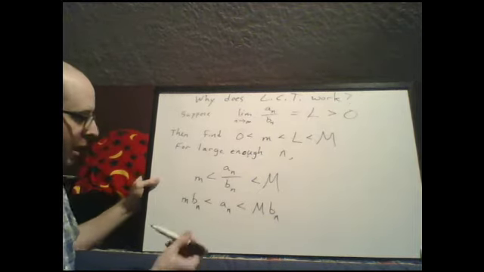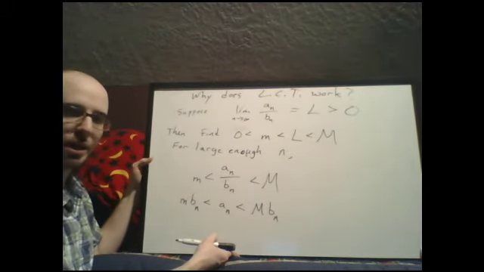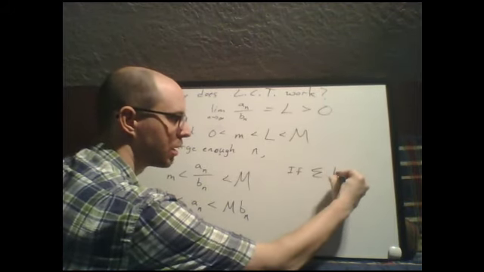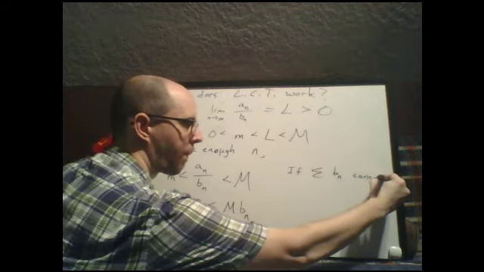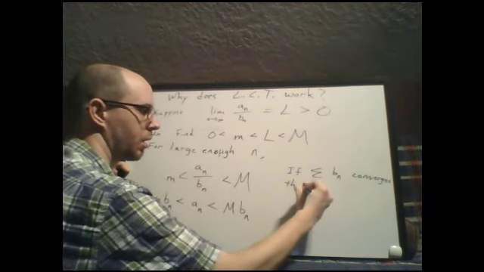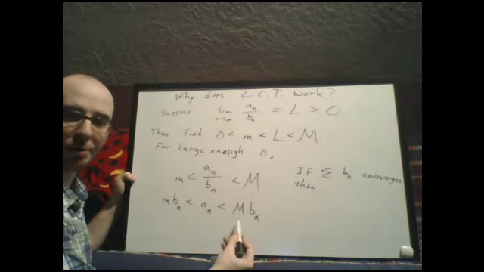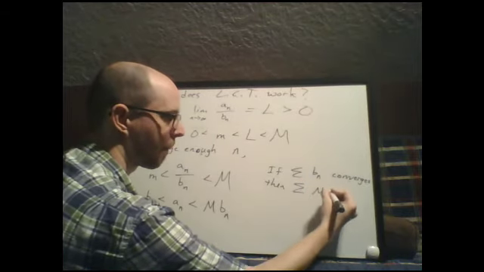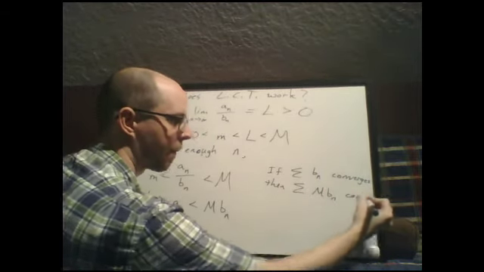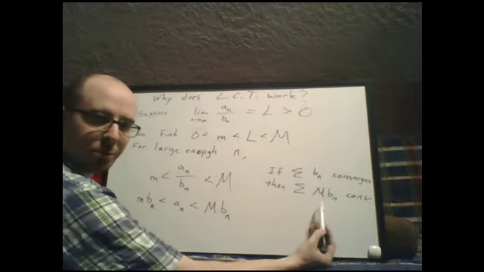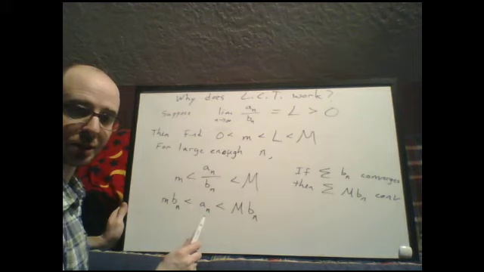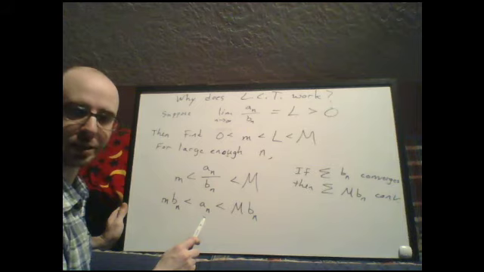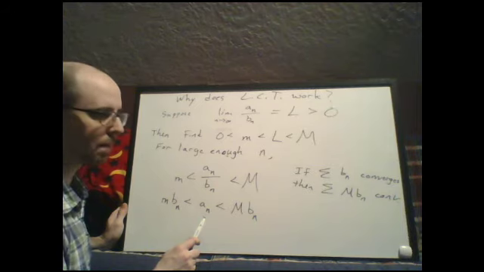So now think, what happens if bn converges? If the summation of bn converges, then if I multiply it by capital M, that'll also be a convergent series. So then capital M bn will be a convergent series. But then we can use a regular type of comparison test to conclude that the summation of an converges.